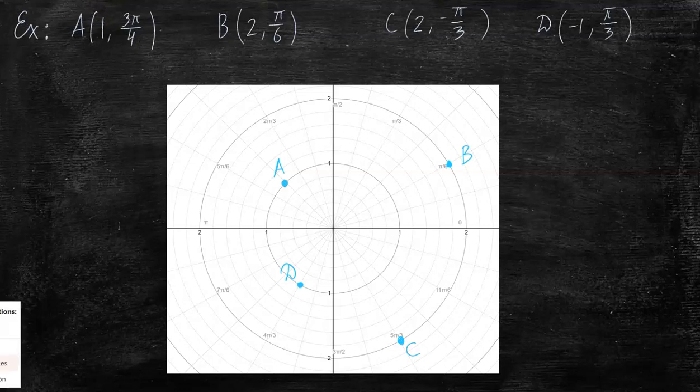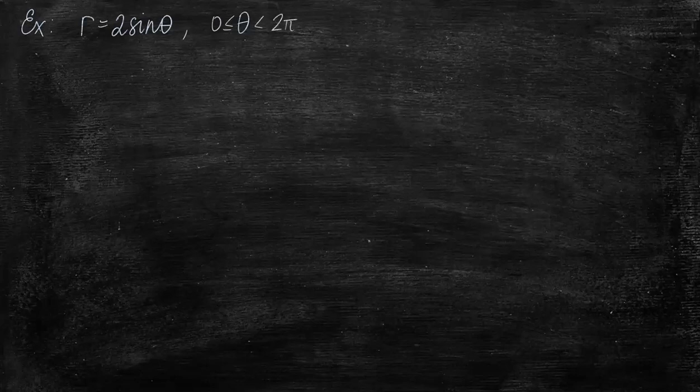So let's go ahead and try graphing the following equation. So we're going to have let's say r equals 2 sine theta, and let's assume that theta goes from 0 to 2 pi. And we're going to graph it by producing a table of values for theta and r.